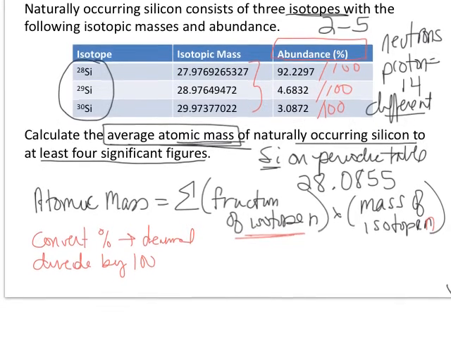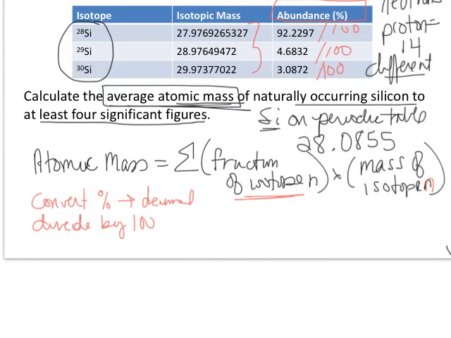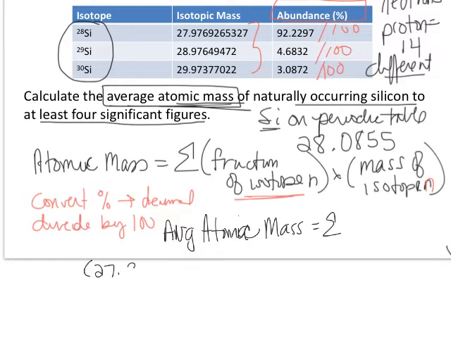So, let's look at this and work this problem out. Basically, you want to have the average atomic mass equals, and we're going to sum these up. So you're going to take 27.9769265327 times, we're going to go ahead and divide that by 100, 0.922297.